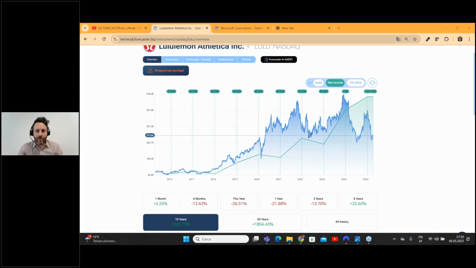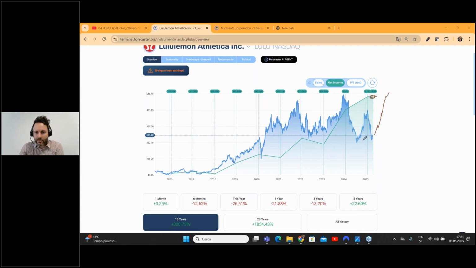As you can see, in the long run, stock prices follow the net income, okay? And at the moment, the net income line is suggesting that these shares should stay at the top, not at the bottom.